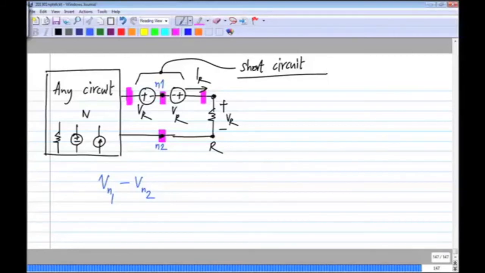So they will be at the same voltage. Again, this is pretty clear. If you go from here, you have a voltage rise of VR and a voltage fall of VR. So these two will be at exactly the same voltage.